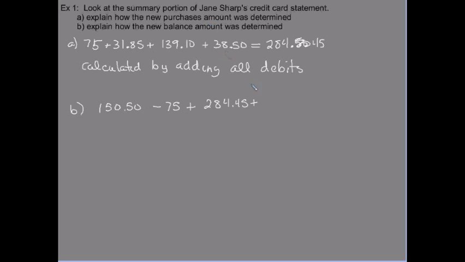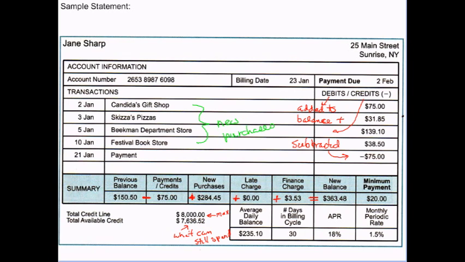And then we add the finance charge. We got 363.48.